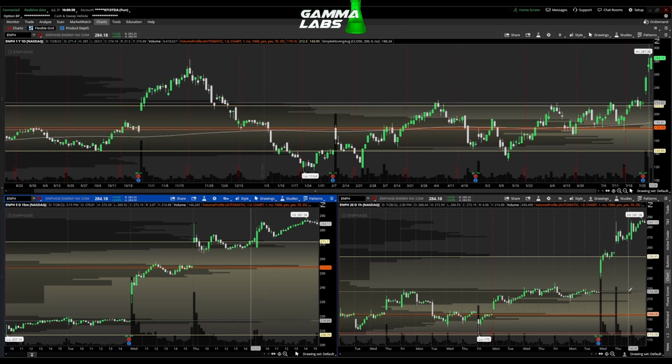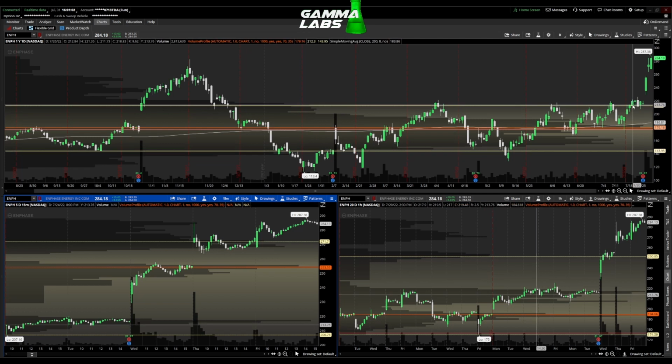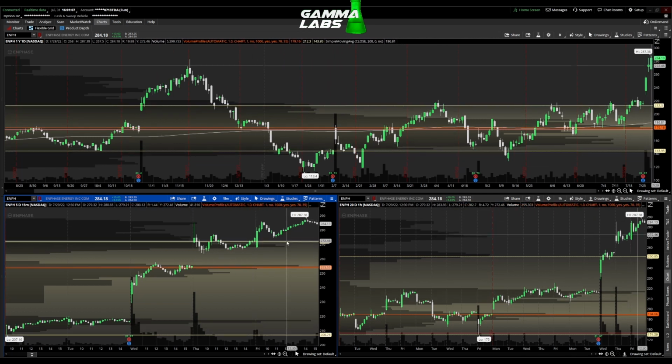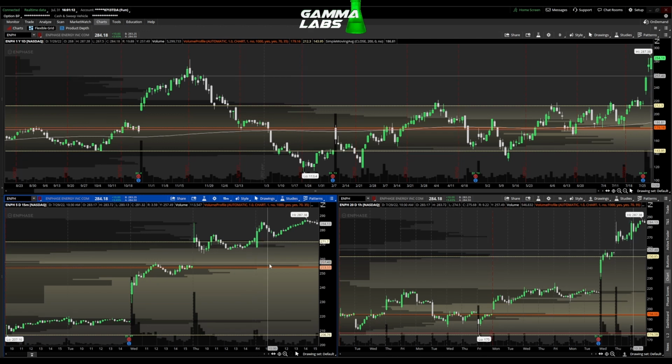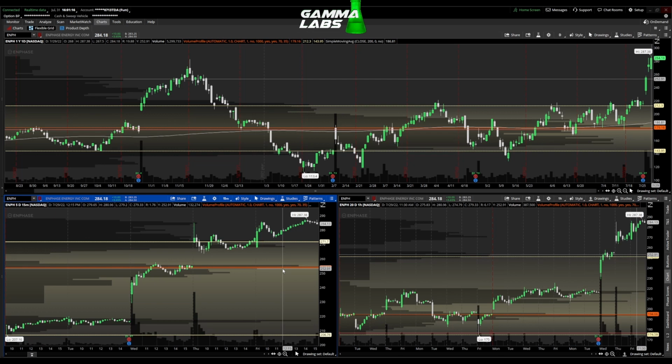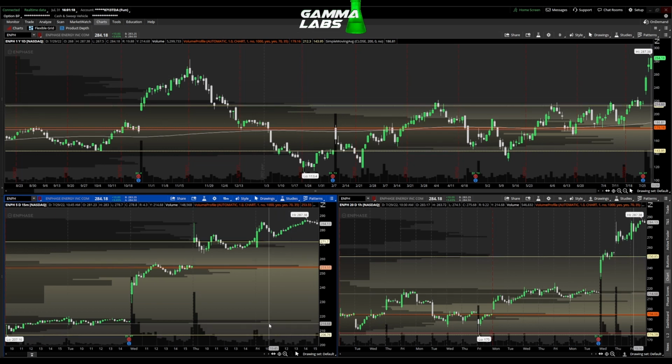And I could argue that it was accepted at 220 as well. But that leads us right around to this upper value area. If price lost 267.50, that's what I would be targeting. Price would probably accept right around the 253. But I mean, Enphase is a beast.